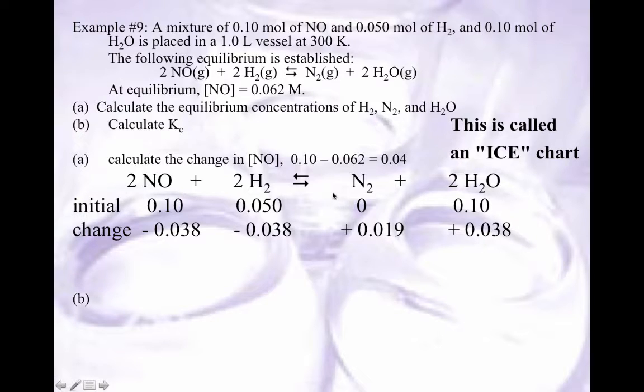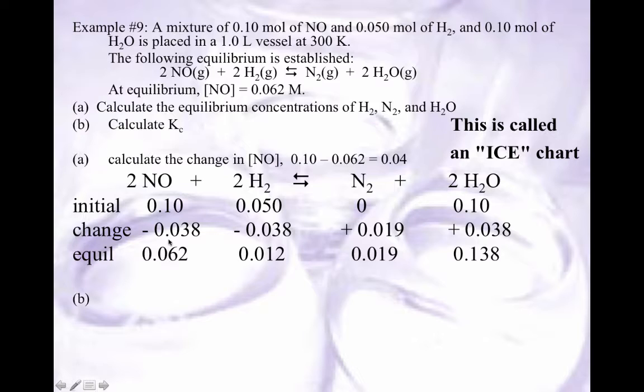And then N2 is a 1-to-2. So NO, H2, and H2O are all twice as much as N2. So we just divide this 0.038 by 2 to get our amount of N2. So 0.019 molar is how much N2 we make. And then the equilibrium row, we just go through and we just do this math.